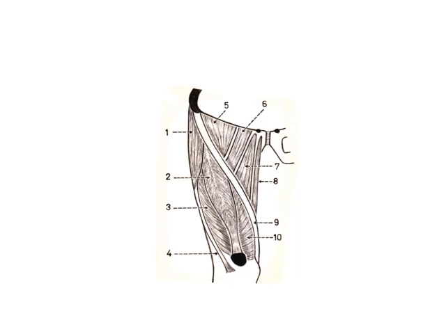Again, the upper part of the sartorius separates the three muscles in the floor of the femoral triangle, which are the iliopsoas muscle, number 5, the pectineus muscle, number 6, and adductor longus muscle, number 7. These are the muscles of the floor of the femoral triangle, as you know.